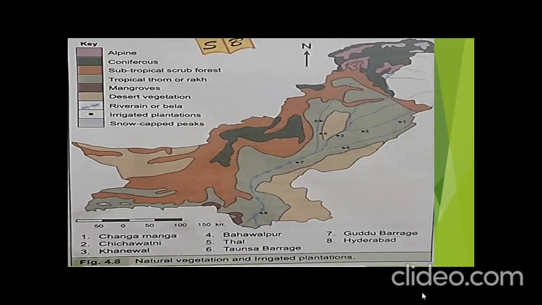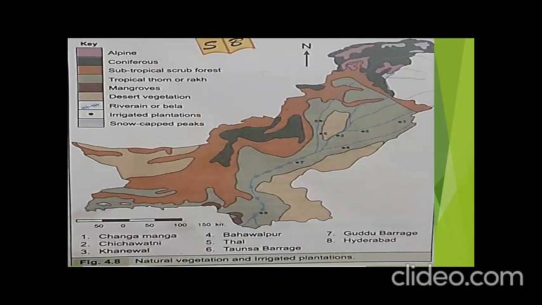Then finally, we have the irrigated plantations, which are also called man-made plantations. The development of irrigated man-made forest is unique to Pakistan. In 1866, the first irrigated forest was established at Changa Manga, 90 kilometers southwest of Lahore. The reason was to supply firewood for railway steam engines.